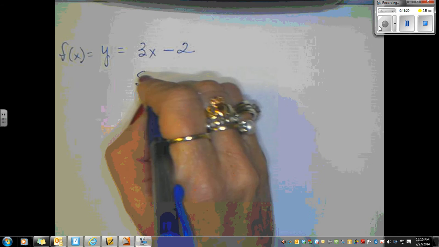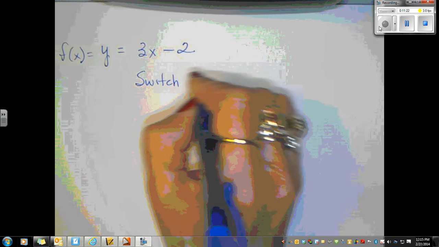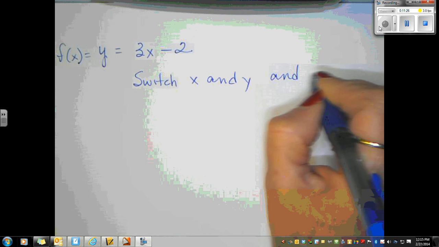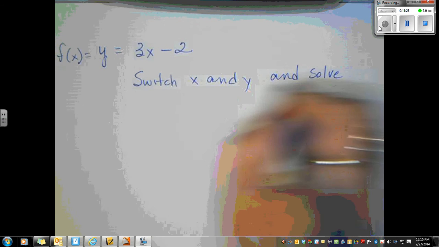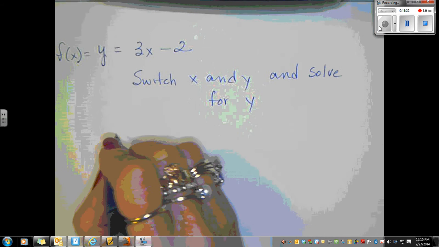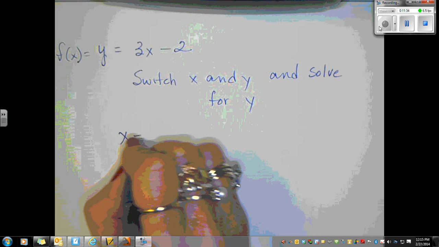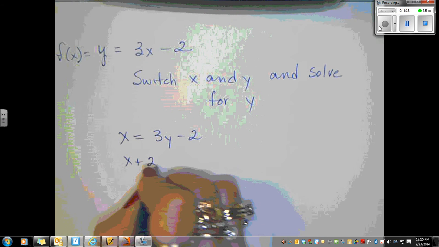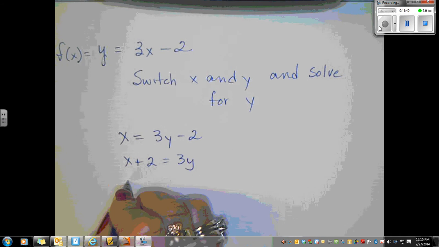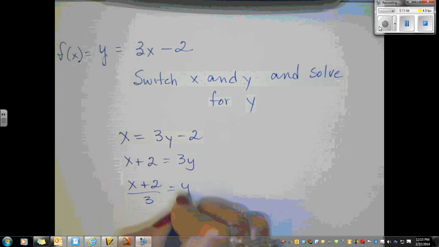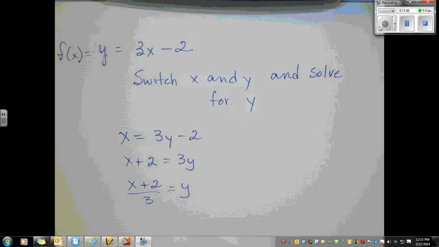Okay, switch x and y and solve for y. So I have x equals 3y minus 2. So I have x plus 2 equals 3y. X plus 2 divided by 3 equals y. Good? We're happy with that?